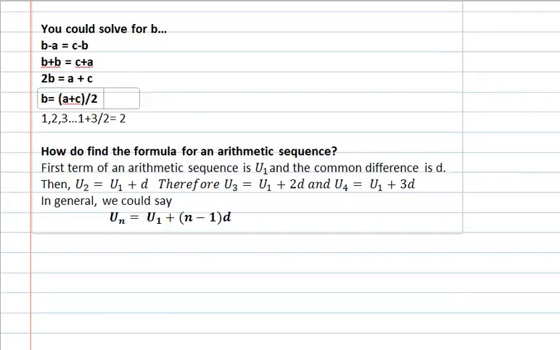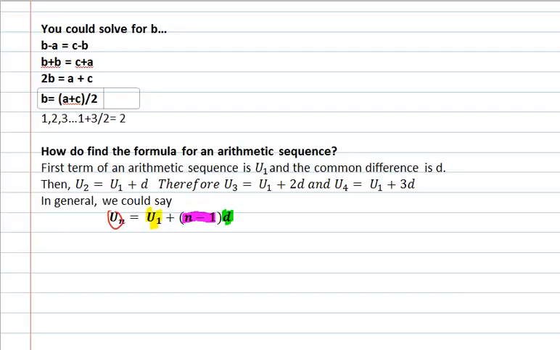In fact, in general, we could make this statement. This is an important statement. What we're saying here is that you can find the term u_n simply by taking the first term, u1, and adding d times 1 less than the term number.